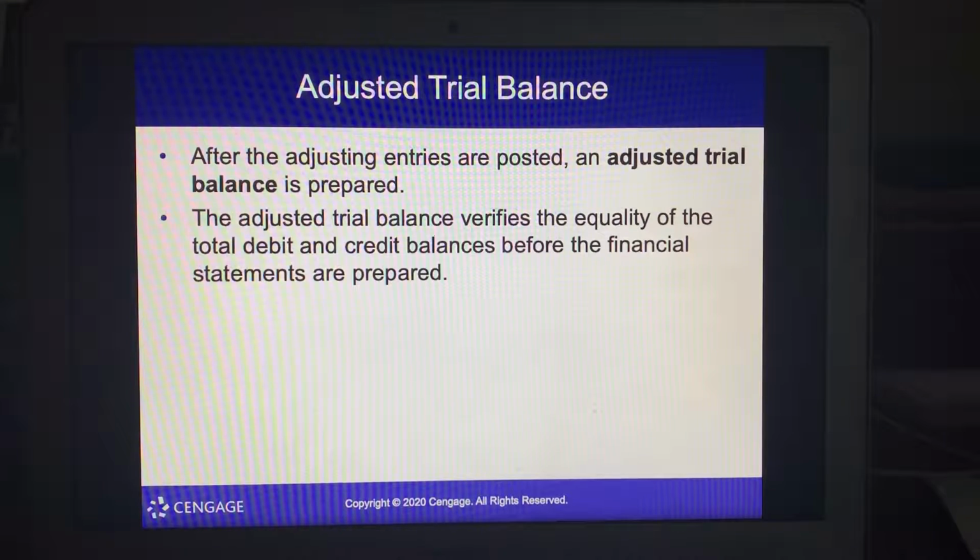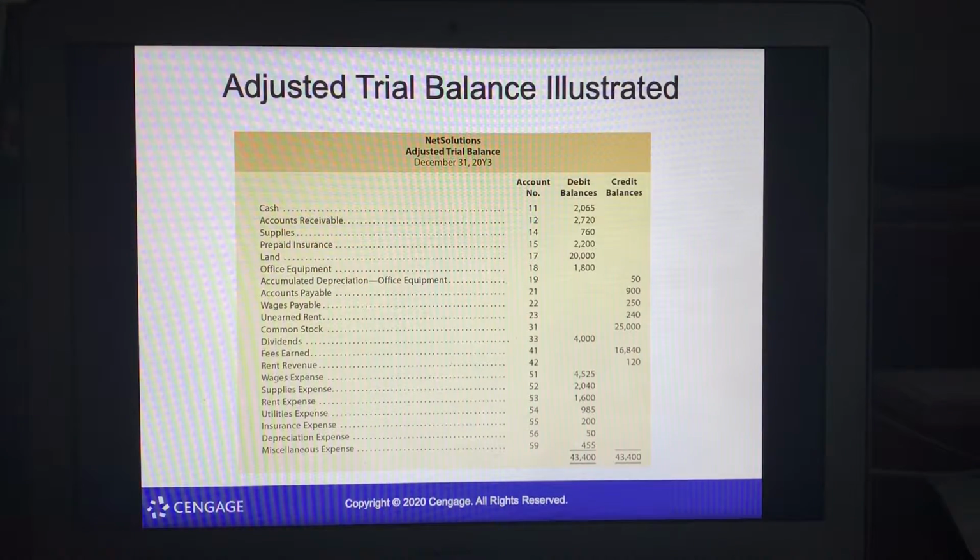After the adjusting entries are posted and the adjusted trial balance is prepared, the adjusted trial balance verifies the equality of the total debit and credit balances before the financial statements are prepared. So here's the adjusted trial balance.